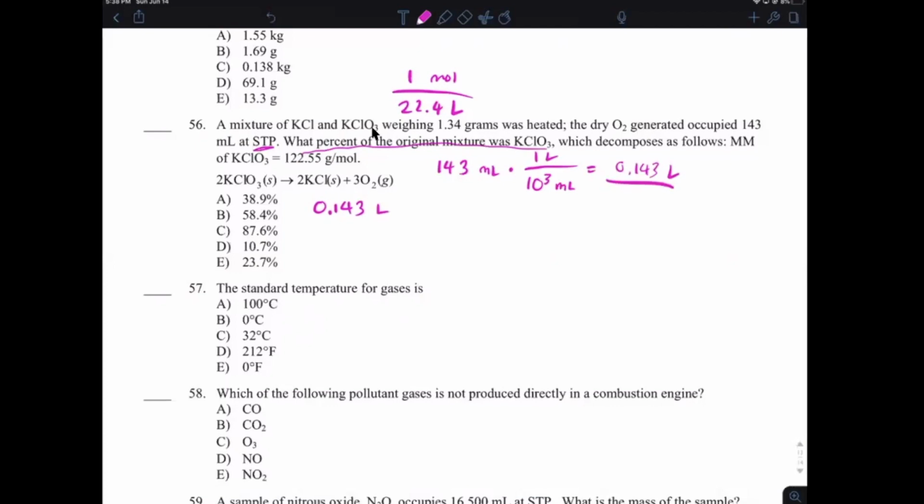And then next, what we should do is convert this into moles. How do we do that? We use this right here, and that's because it's at STP. So if we do that, we get around 0.006384 moles.